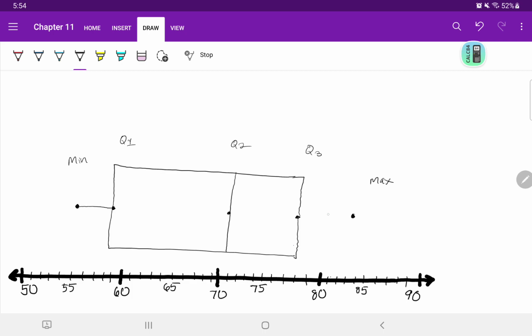You're going to connect the third quartile and the maximum together. Last but not least, you're going to draw vertical lines through the minimum value and through the maximum value. I missed that one completely. And this here is your box plot.